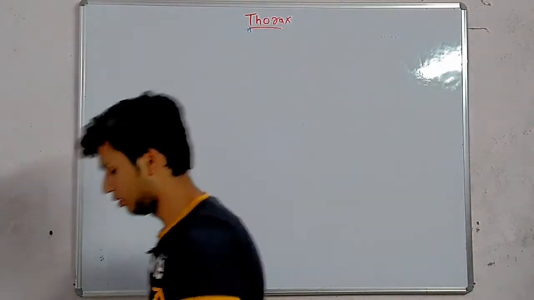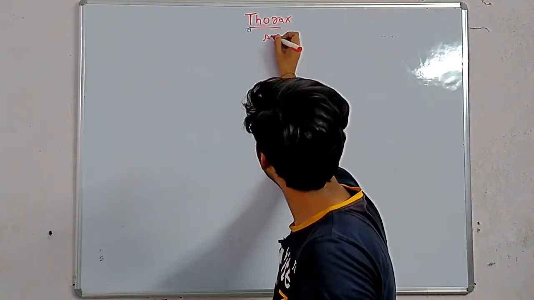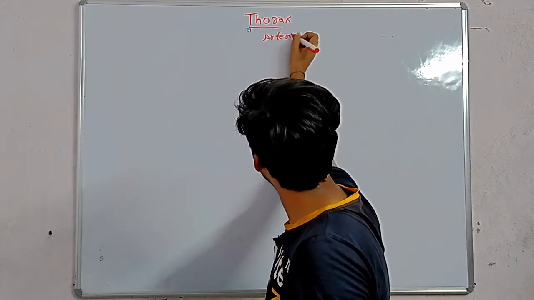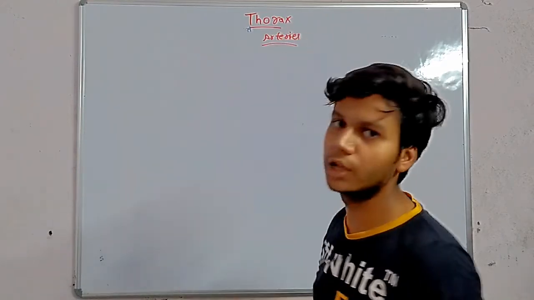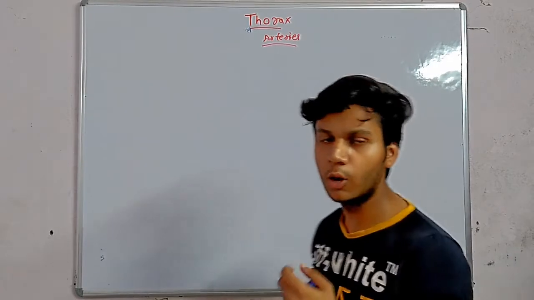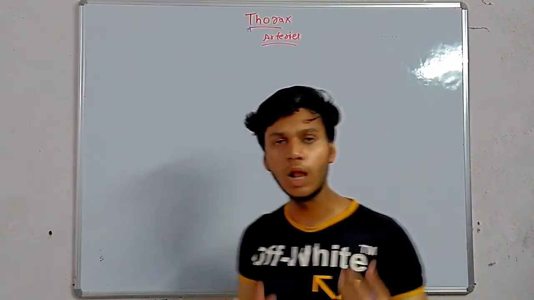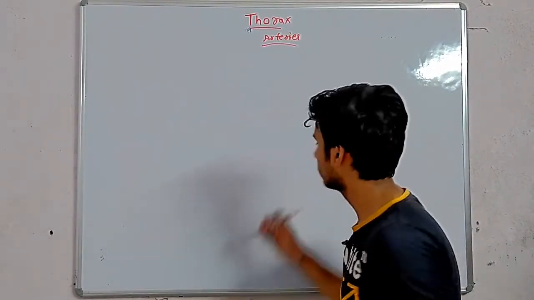So first we have to study arteries. For arteries, we start from the heart and the main thoracic arteries. All are emerging from the heart. Aorta.